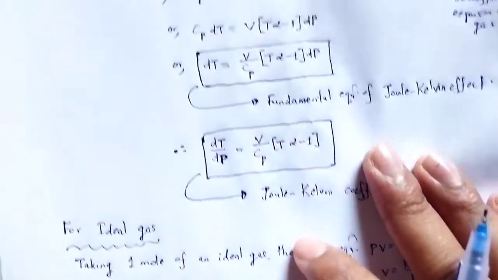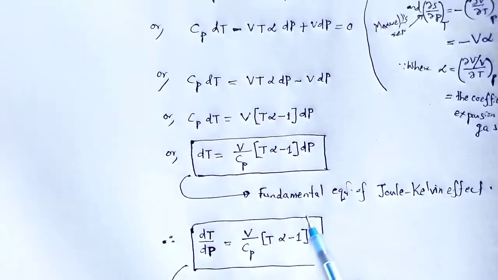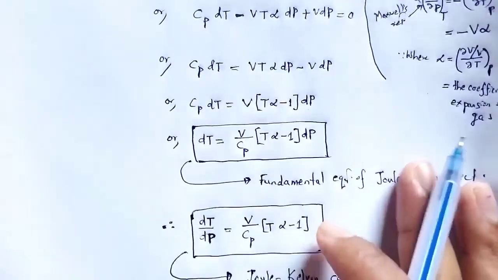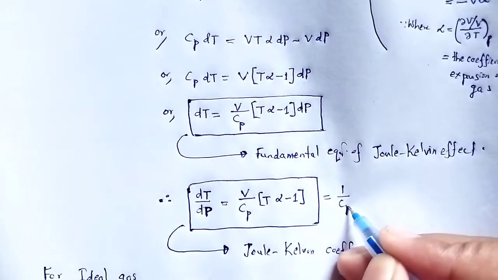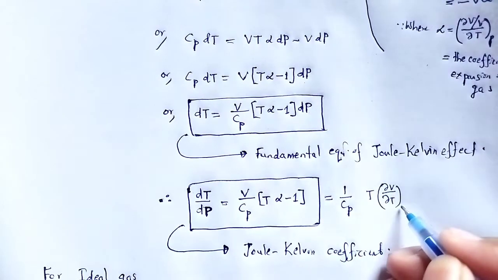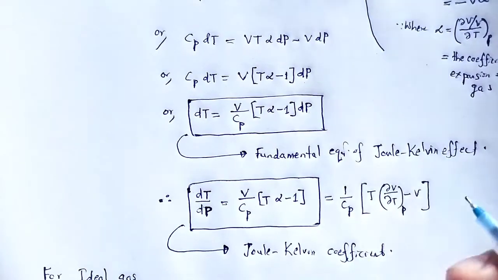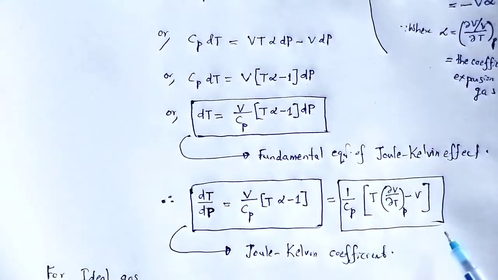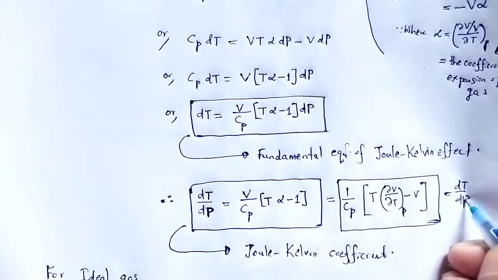Here I use another form of the Joule Kelvin coefficient, derived from here. That form can also be equalized to 1 by Cp, T del V by del T at constant pressure minus V, that is equal to dT by dP.